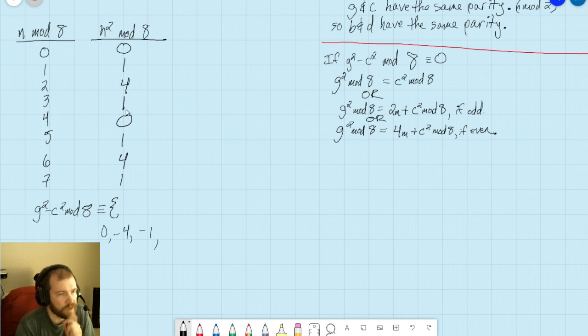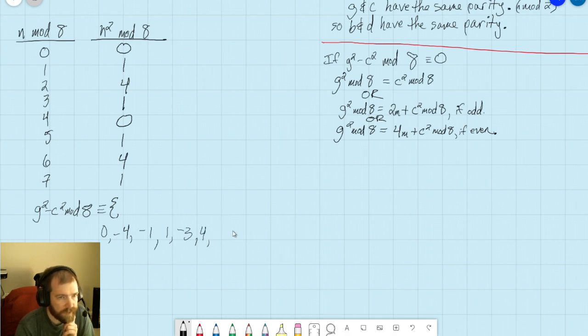If g squared is 1, then we could have -1, which is 0, -0, which is 1, or -4, which is going to get -3. If g squared is 4, then we can have +4.